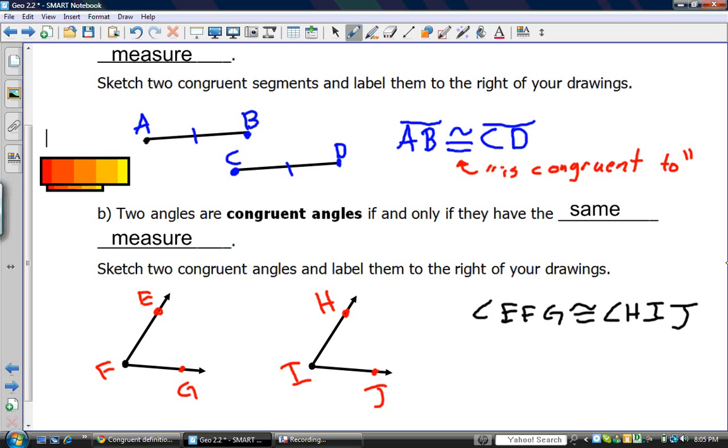And on our diagram, we mark that by making the arc for the angle and drawing a line through it. So just that green mark alone tells us these two angles are the same exact degree measure. And so does this. There's two different ways to show it.